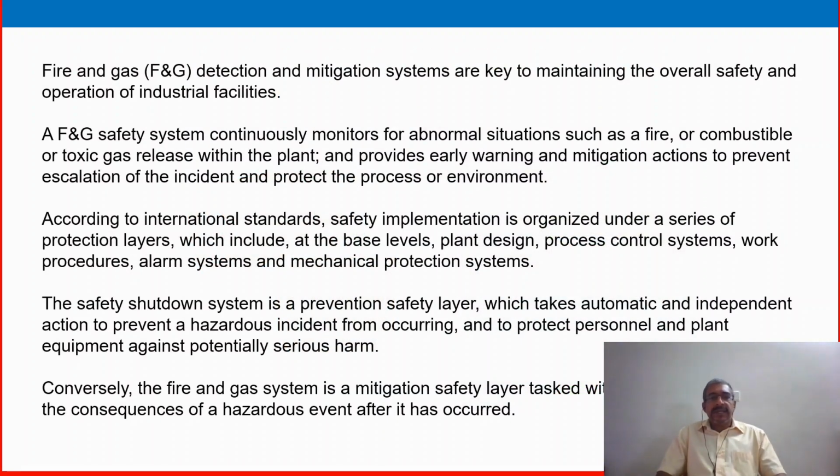Fire and gas detection and mitigation systems are key to maintaining the overall safety and operation of industries and facilities. A fire and gas safety system continuously monitors, like using a camera or some other system, for abnormal situations such as a fire or a combustible or toxic gas release within the plant, and provides early warning and mitigation actions to prevent escalation of the incident and protect the process or environment.